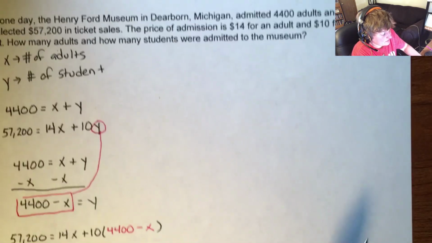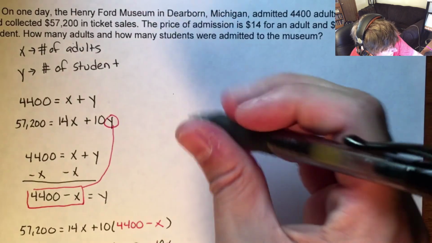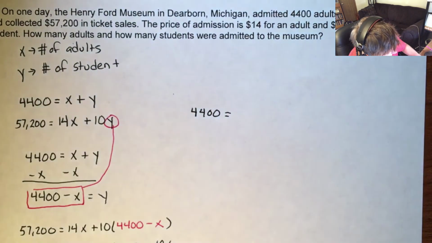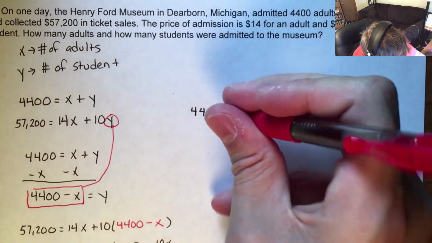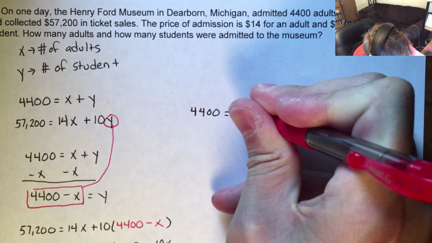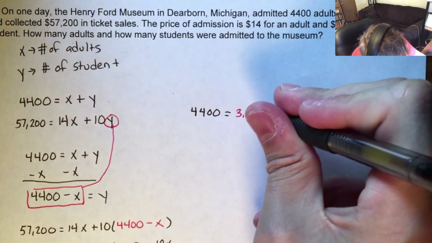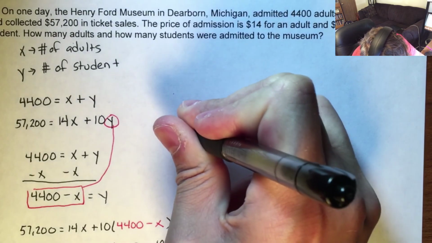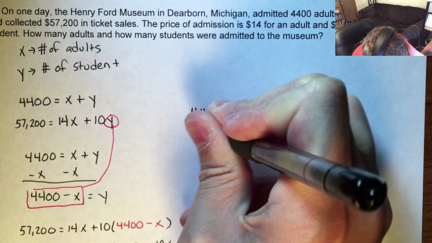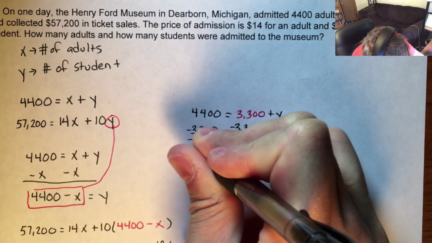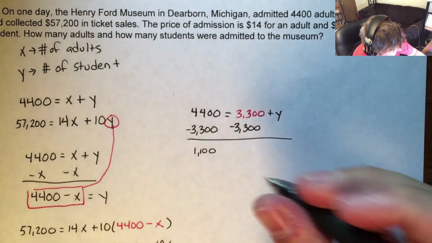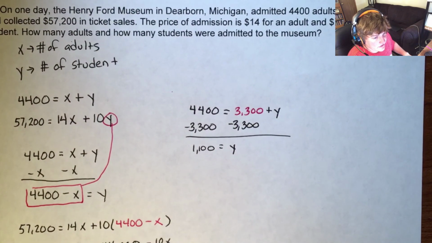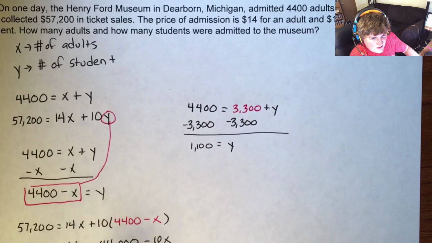Okay, so now that we know that there's 3,300 adults, we can go ahead and plug it into, I'm going to use the top equation because I believe it will be the easiest. And 1,100 is equal to y. So I believe there are 1,100 students.